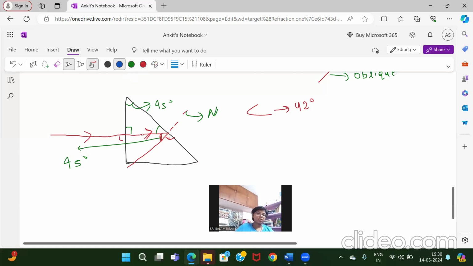Light is striking at this surface at 45 degrees. 45 is more than 42. Light is striking at more than the critical angle, then it will come back to the same medium like this.